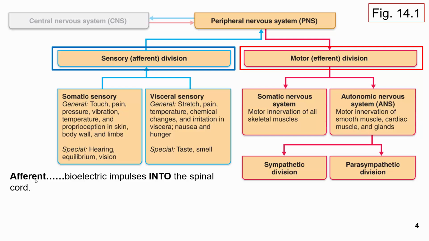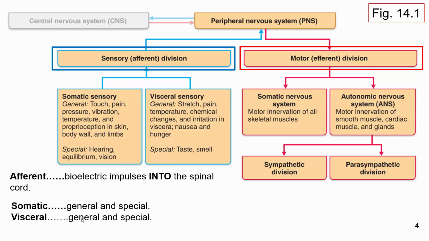So when we talk about afferent, we're referring to information that is conveyed through the means of bioelectrical impulses. And this is information that is being conveyed from the periphery towards the spinal cord. When we talk about somatic, the two components here include general and special, and visceral is also divided up into the general and special.